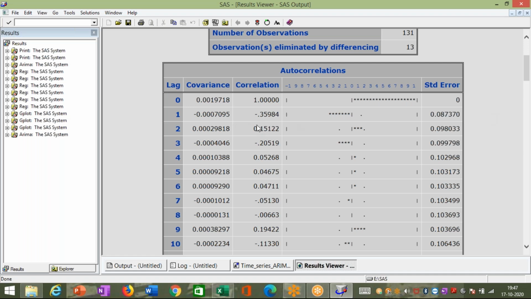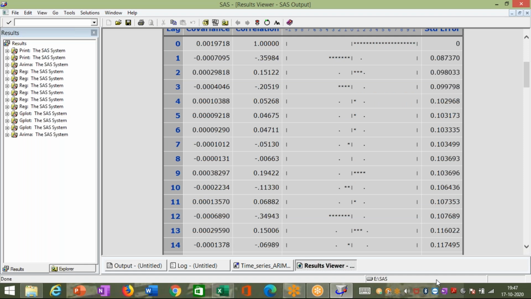Now if I try to interpret this result, there is 0.35, which goes down to 0.11, again comes back to 0.20, then goes down, rises up, goes down, but again from around the 12th lag you can see a spike. In the second lag, the correlation was 0.15.